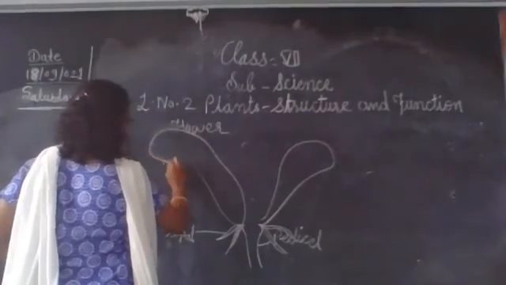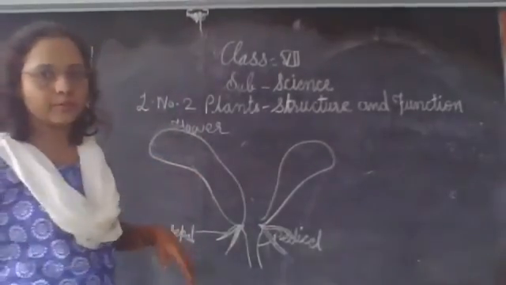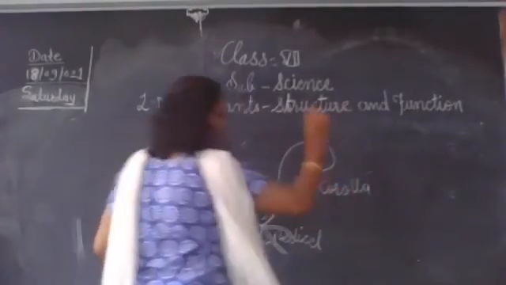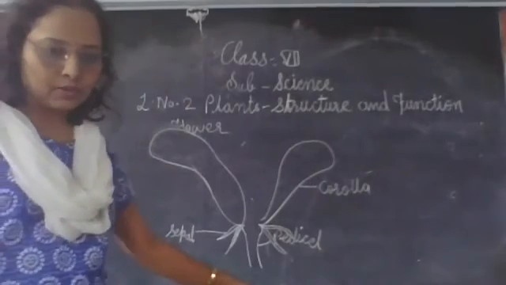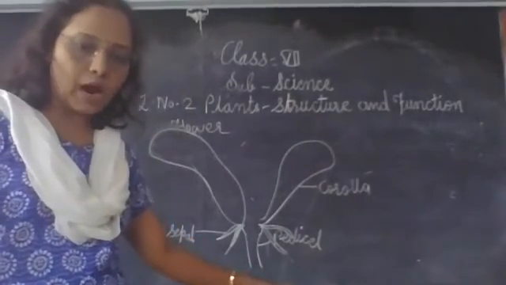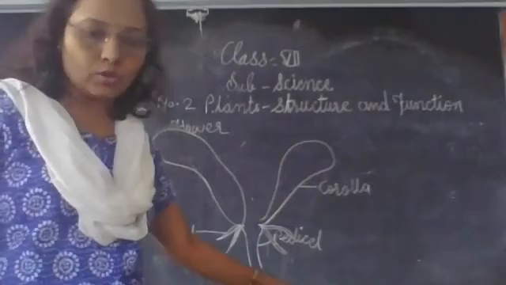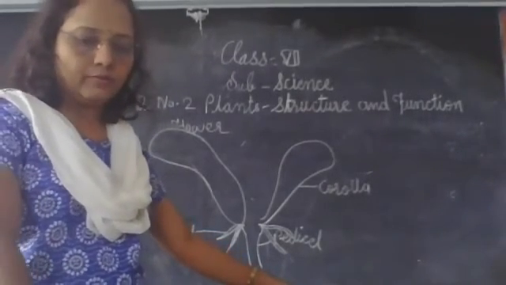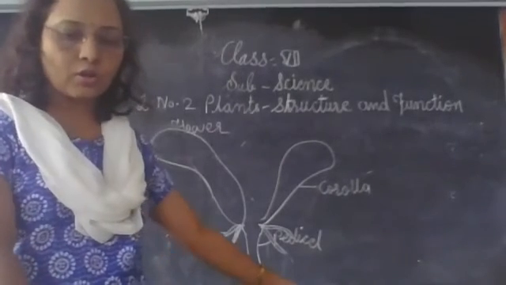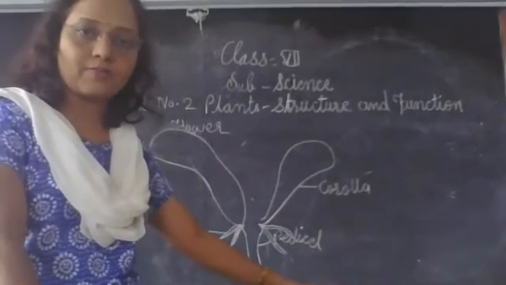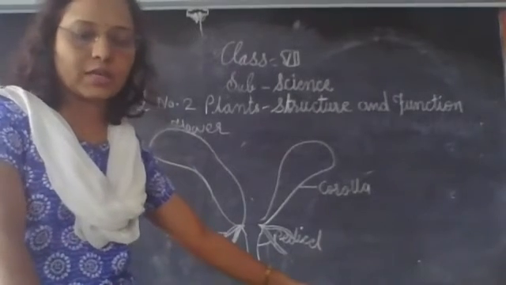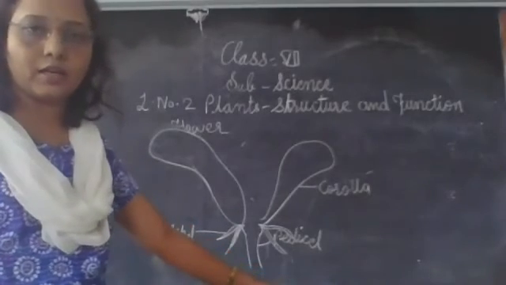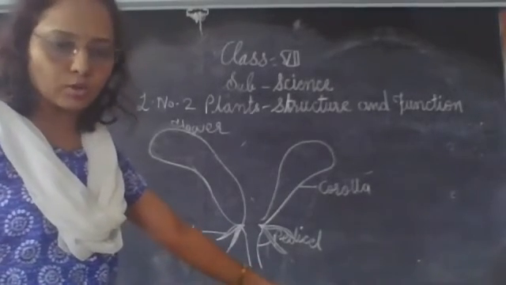This is the corolla, made up of colorful parts called petals. These are of different shapes in different flowers. They have smell also, and the colors of various flowers are different, like rose, chrysanthemum, hibiscus, mogra, kaner. These are different in color and in fragrance also.